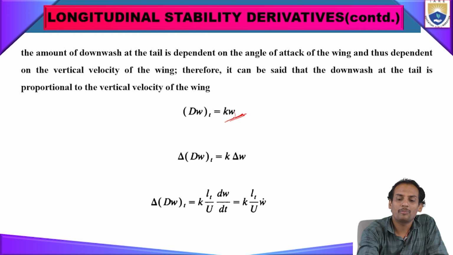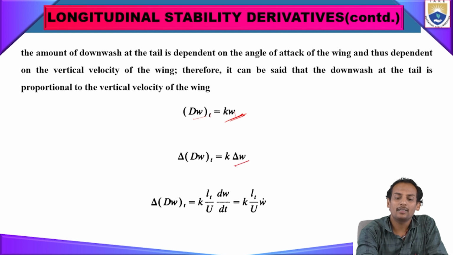If it is a proportionality, then we can introduce a proportionality constant. With respect to time t, the downwash dw will be equal to k into w. Differentiating, delta dw will be equal to k into delta w.